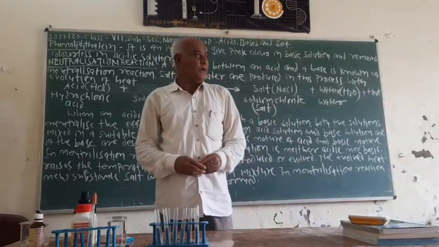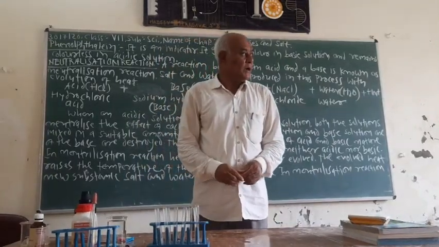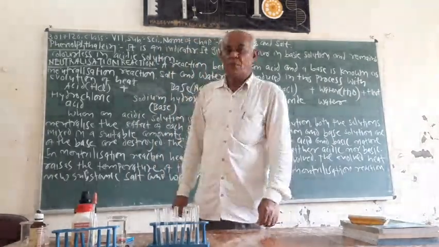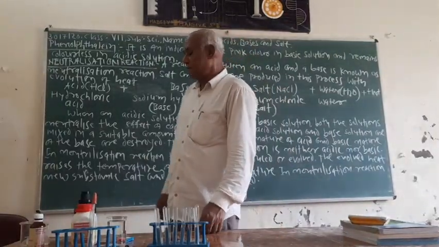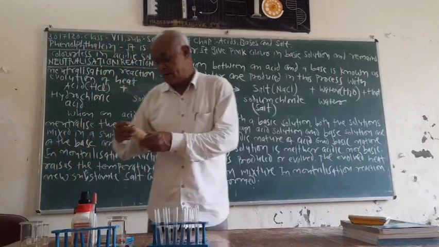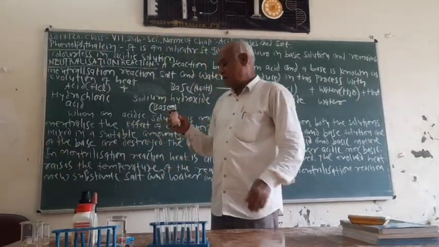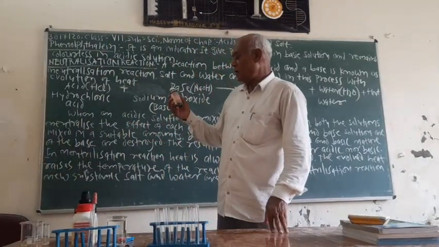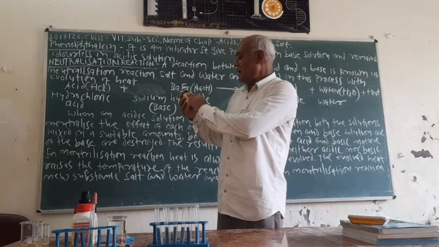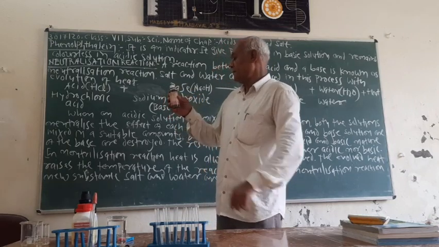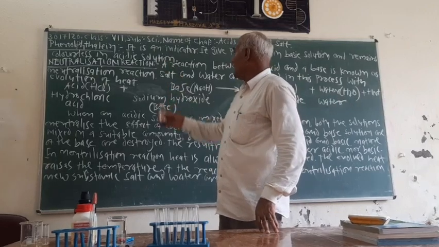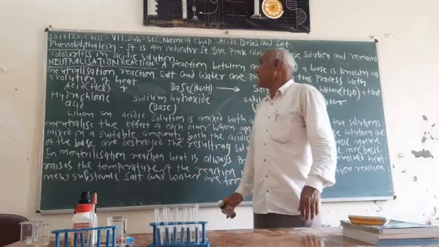Now we have one more indicator. This is phenolphthalein. If you see in my hand, a bottle is an indicator named phenolphthalein. Phenolphthalein is an indicator.